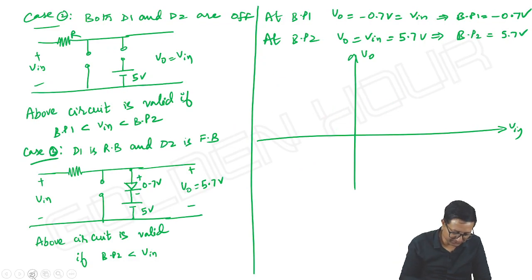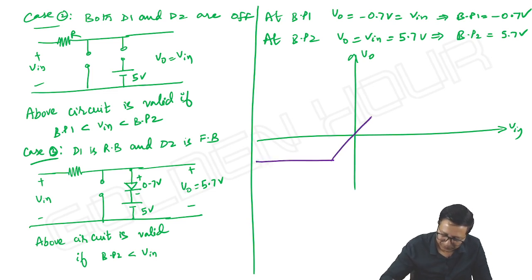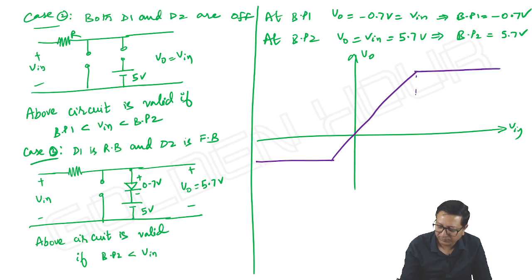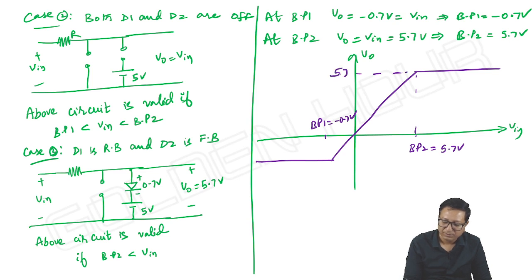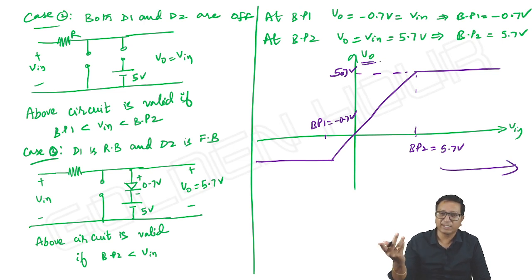If you see the transfer characteristics, once the output reaches its maximum value, even though you increase the input, the output does not increase.